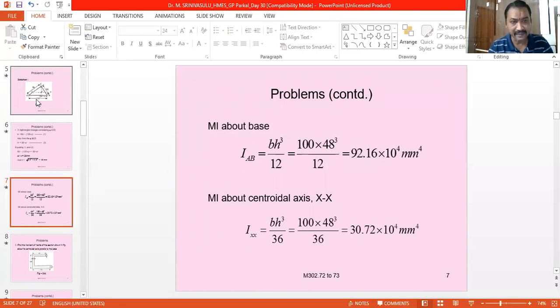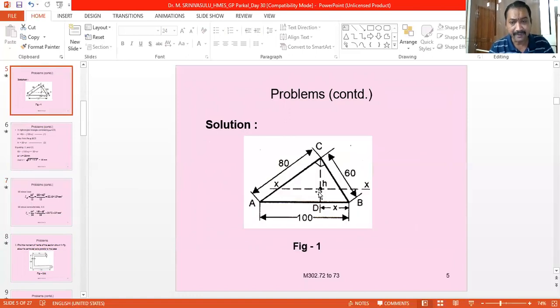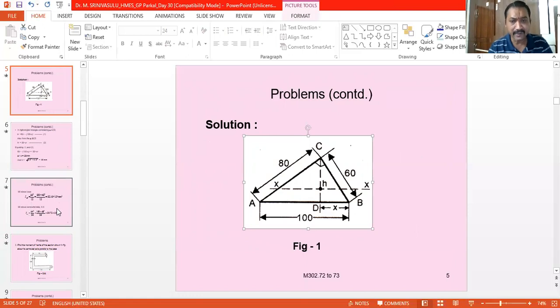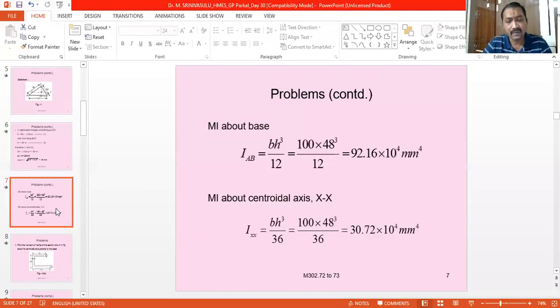Substituting here, the base is 100 mm and height is 48 mm. So 100 into 48 cube by 12 is equal to 92.16 into 10 power 4 mm4. That is the moment of inertia about the base.